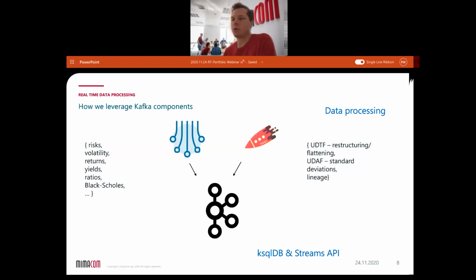This is more or less what is defined in the Kappa architecture. I won't be talking about data at rest, and the security part of this will be only mentioned briefly during the presentation of the slides.